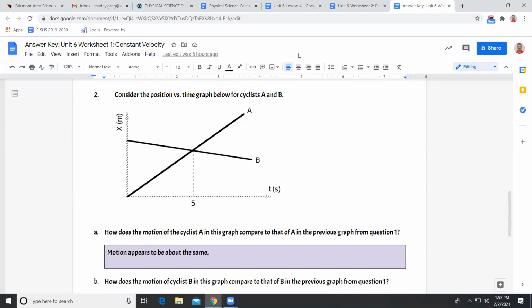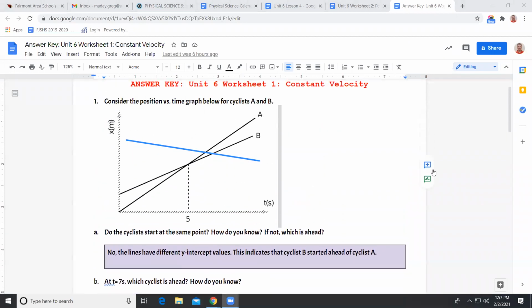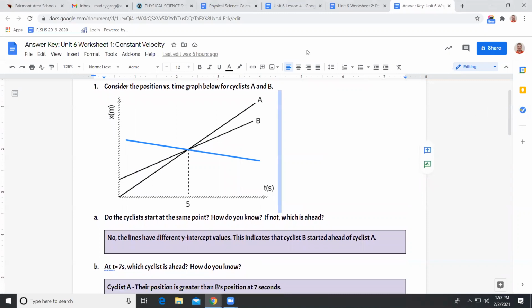So if we look at B from question 2, and we'll do this as blue, and then compare this to B for graph 1.